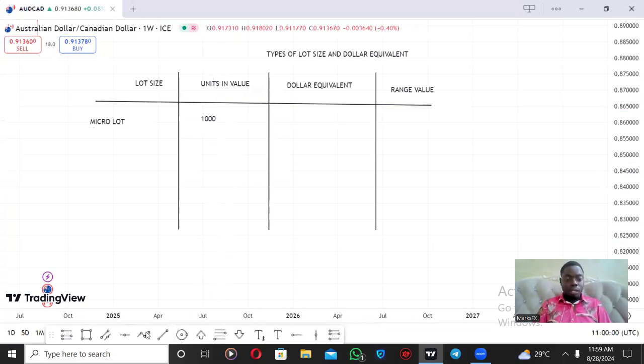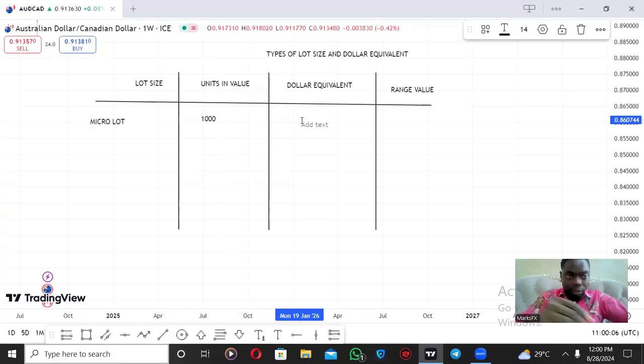The dollar equivalent to a micro lot size is 10 cents. You know, this is how they write it. 10 cents.